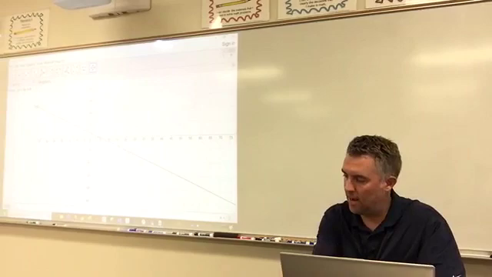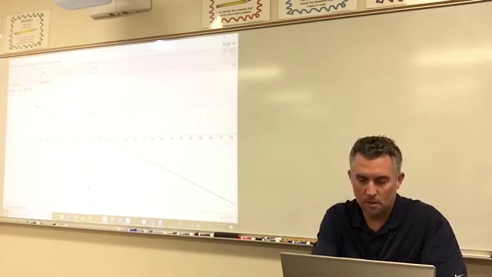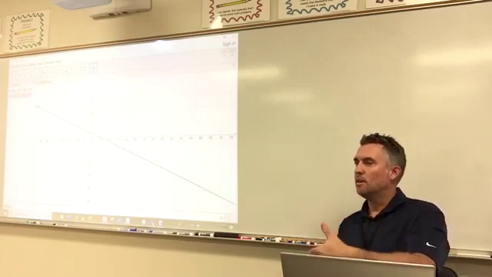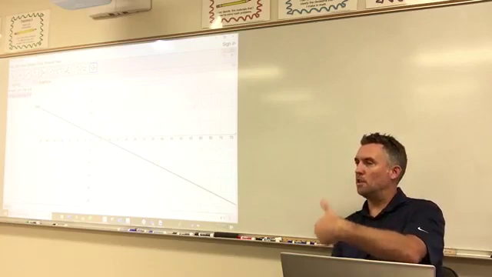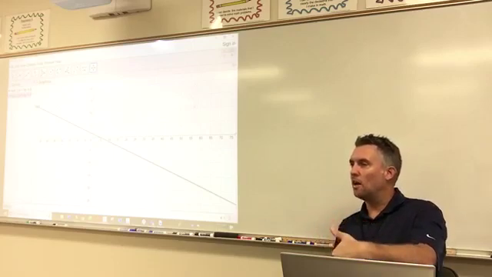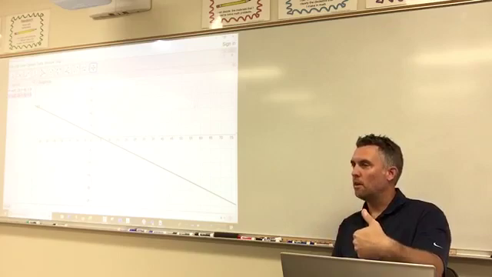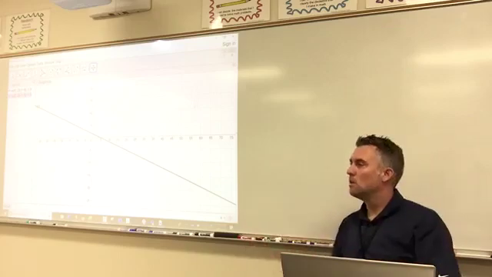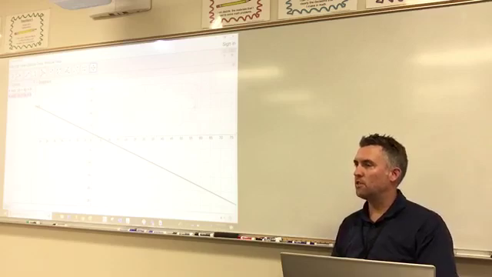And then when I graph 4x plus 12y equals 18, watch what happens. Right on top of it. It's the exact same line. So every single combination of x and y is going to work, right? I can choose any x, y I want. There's going to be an infinite number of solutions.